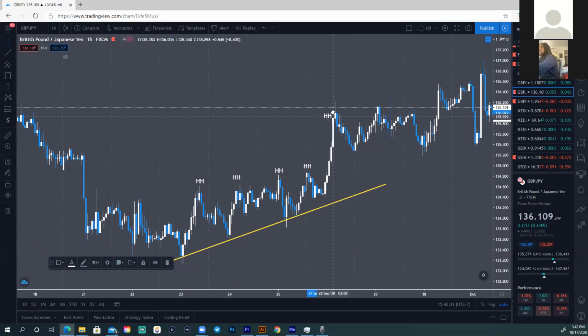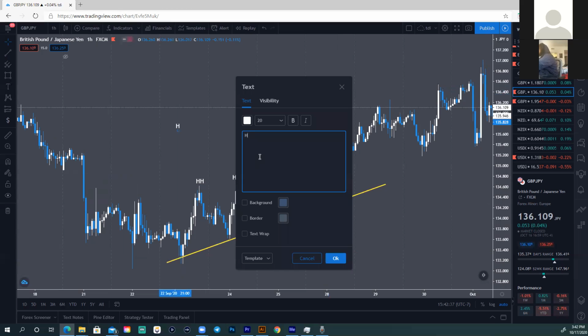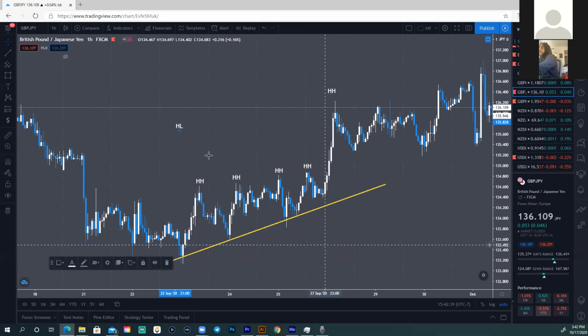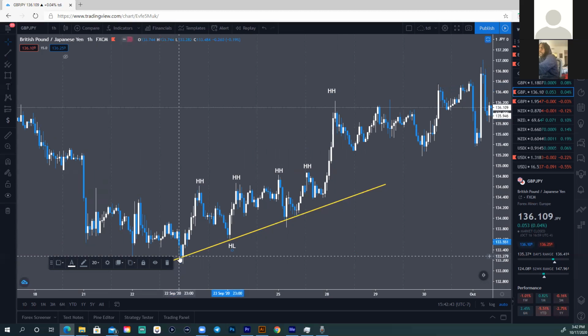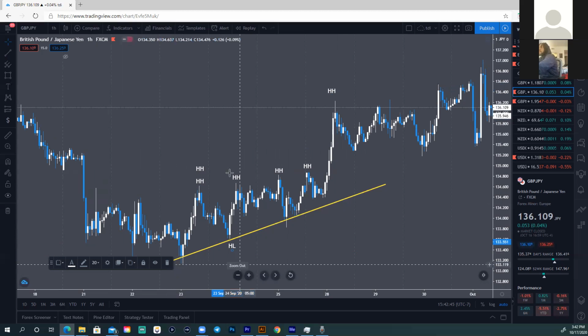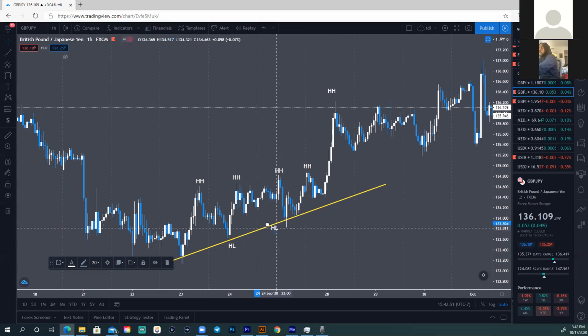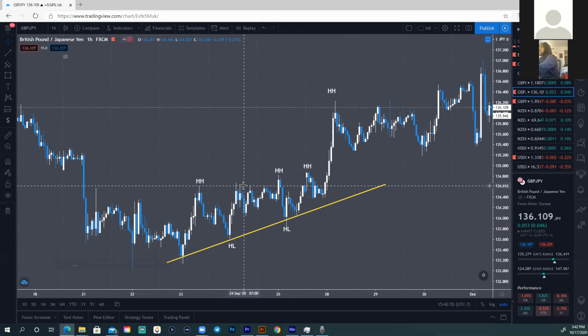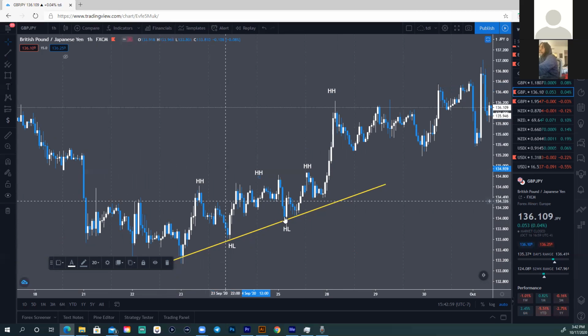So you get all the way up here. Right? Then you have higher lows. Right? Higher low. This low is higher than the previous low. This whole thing is one higher high.